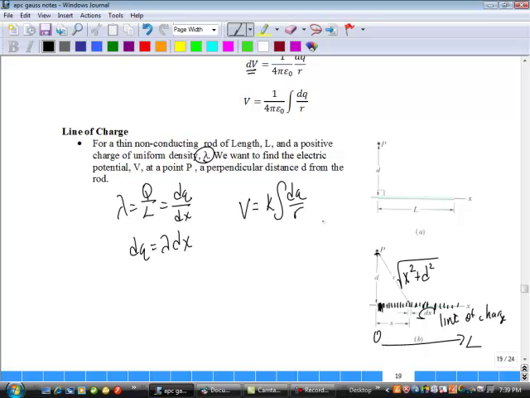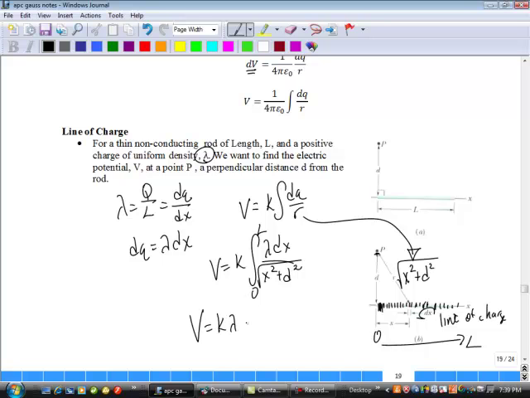And what is my r distance going to be? It's going to be this distance here from point P to my rod. And so I'll get k times the integral of lambda dx over x squared plus d squared, square rooted, going from 0 to L. I'm going to pull out the lambda because it is a constant, and so I'll have to integrate dx over x squared plus d squared right here.